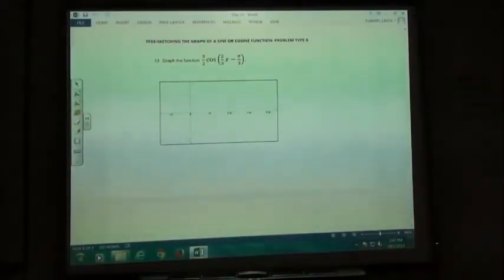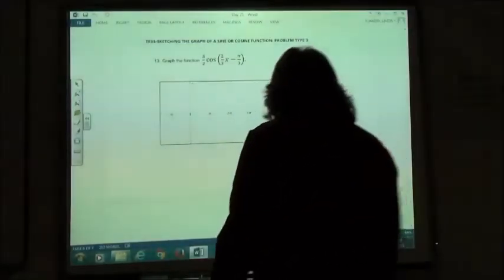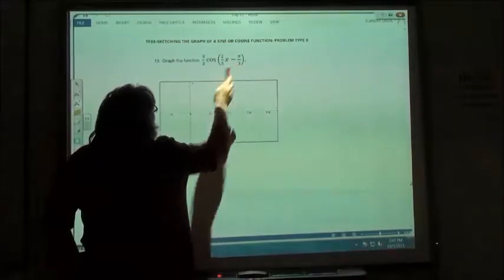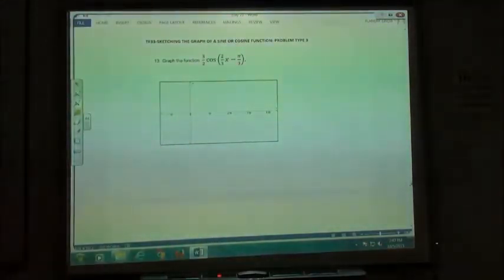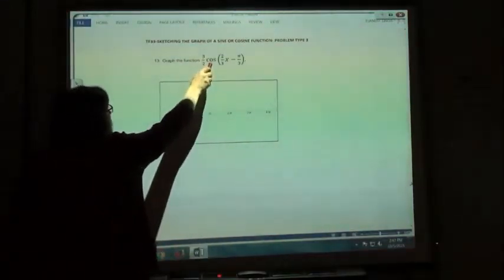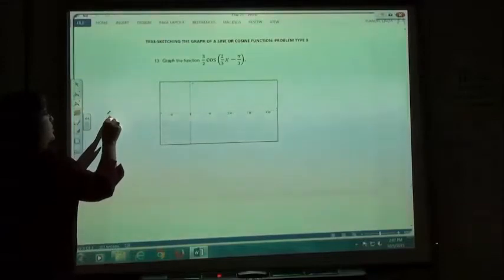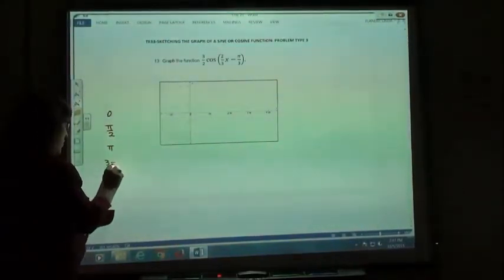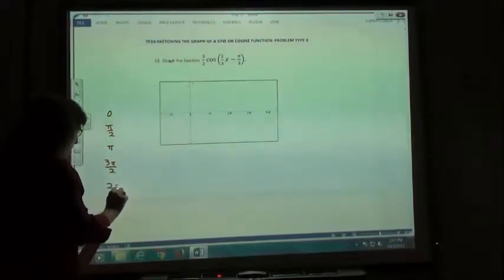Last 3 on this page, again, we're doing the sine or cosine function problem type 3, where we have both a change in our period and a shift to our graph. But again, basically we're doing the exact same thing we did on problem type 1 and problem type 2. I'm going to start with my cosine function. So 0, pi over 2, pi, 3 pi over 2, and 2 pi.